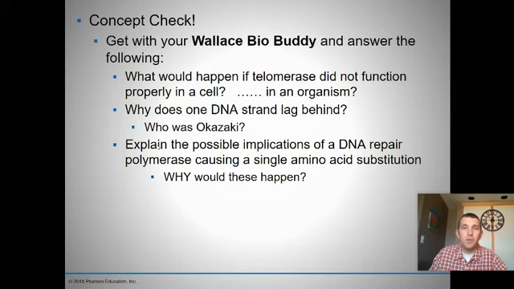And what would happen if a DNA repair polymerase ended up repairing things wrong and causing something that eventually led to a single amino acid substitution? Remember, DNA codes for proteins, and proteins are built by amino acids.